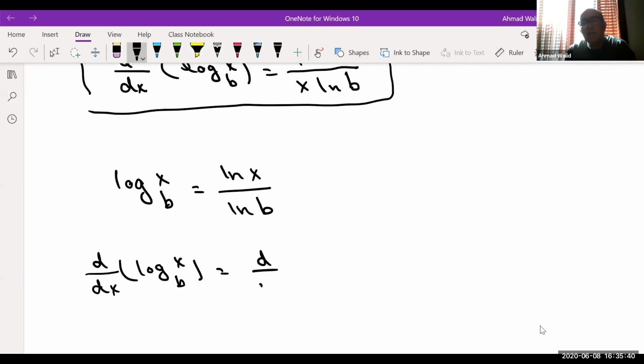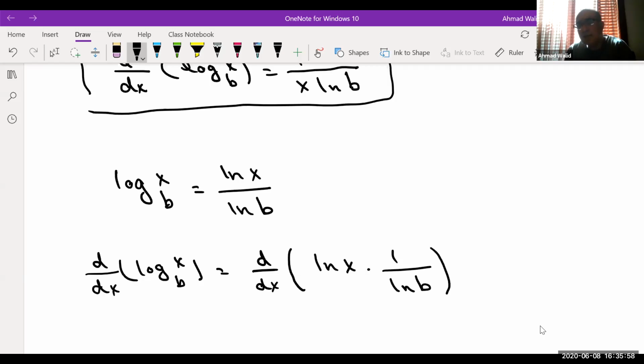d over dx of, instead of ln x over ln b, can I write the derivative of ln x times 1 over ln b?